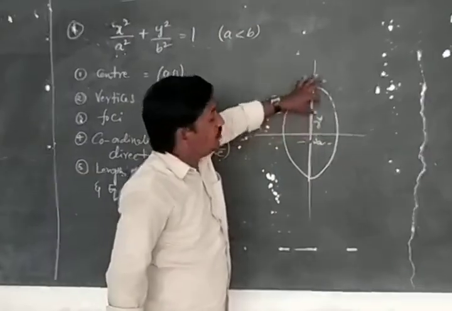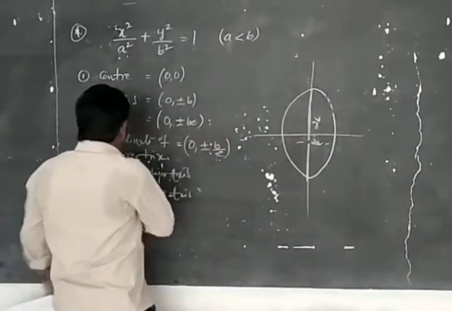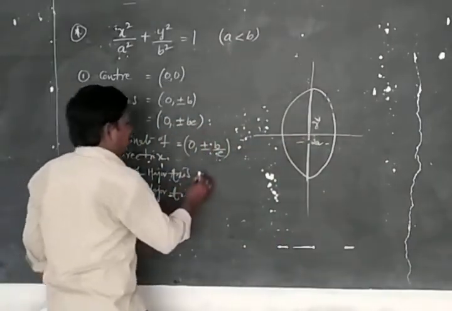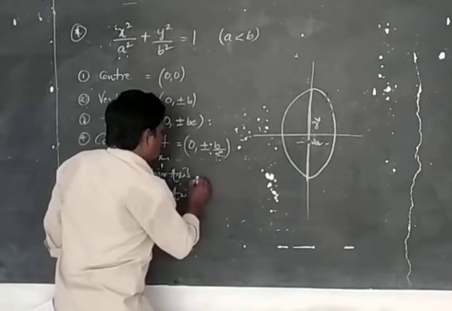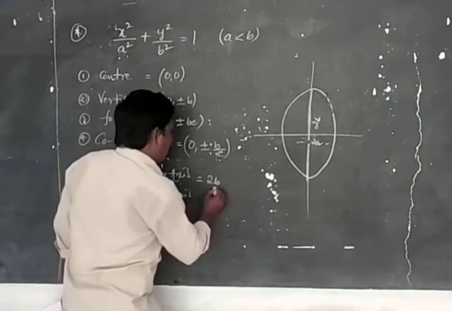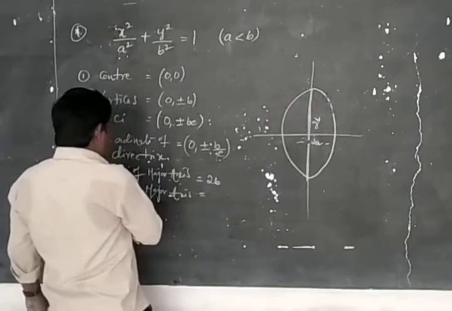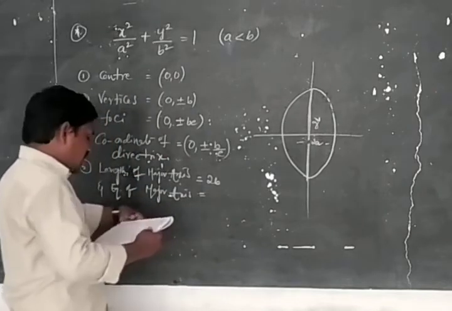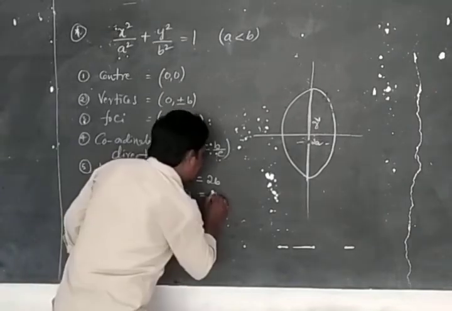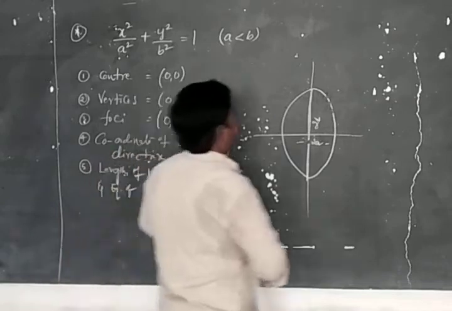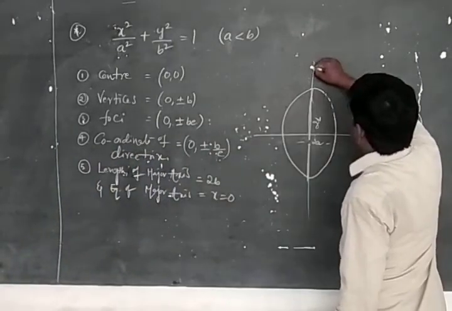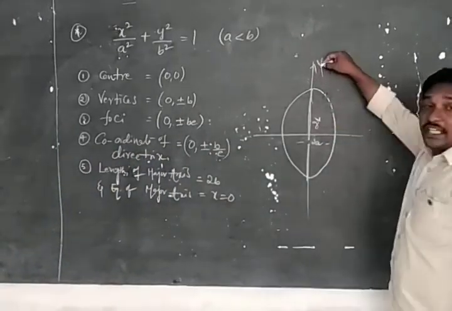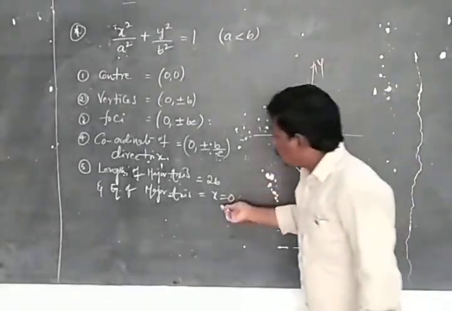Here, the major axis is 2b. The length of the major axis is 2b, and the equation of the major axis is x equal to 0. Why? Because this is the y axis. The equation of the y axis is x equal to 0.